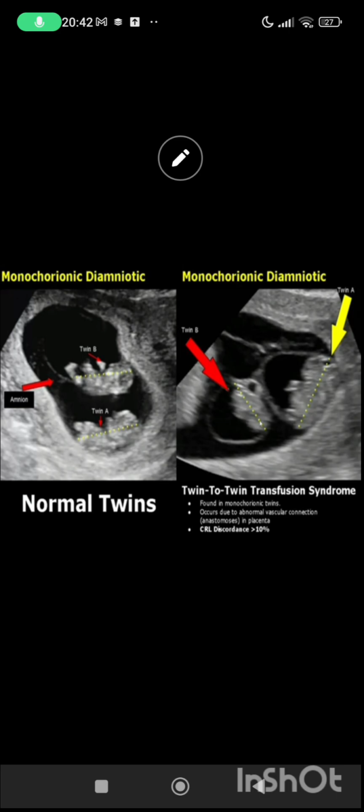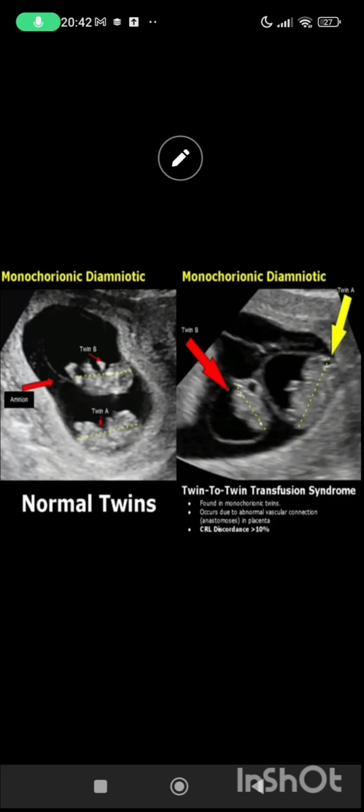In stage 2, the urinary bladder will also be affected. In one twin it is more prominent and in the other it will be very small or empty. Then further in stage 3, Doppler values also become affected. And then in stage 4, what happens?